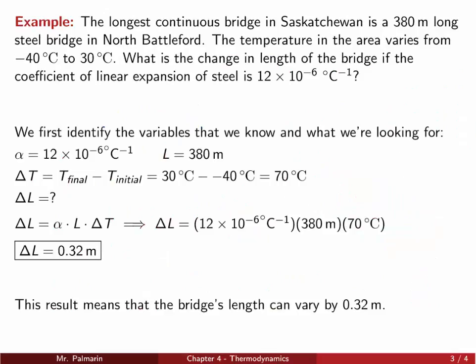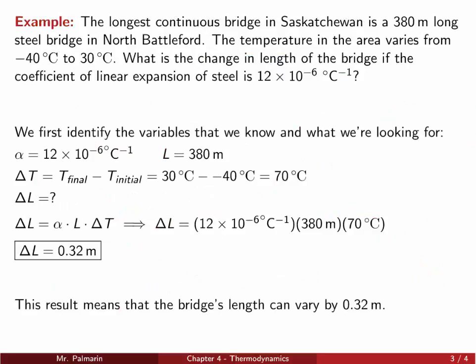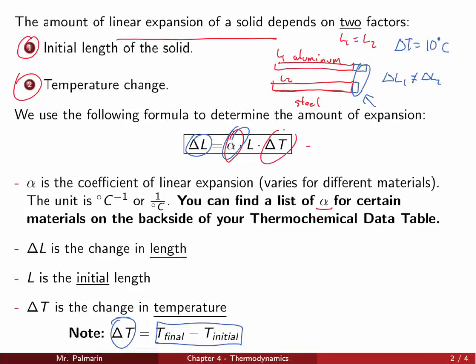Now, in this example, I went through the same thing. You might be asked to solve for different variables. So you might be asked to solve for delta T, or initial length, given the other ones. So expect that. If I ask you to solve for alpha, the coefficient of linear expansion, don't reference the table if that's the case.